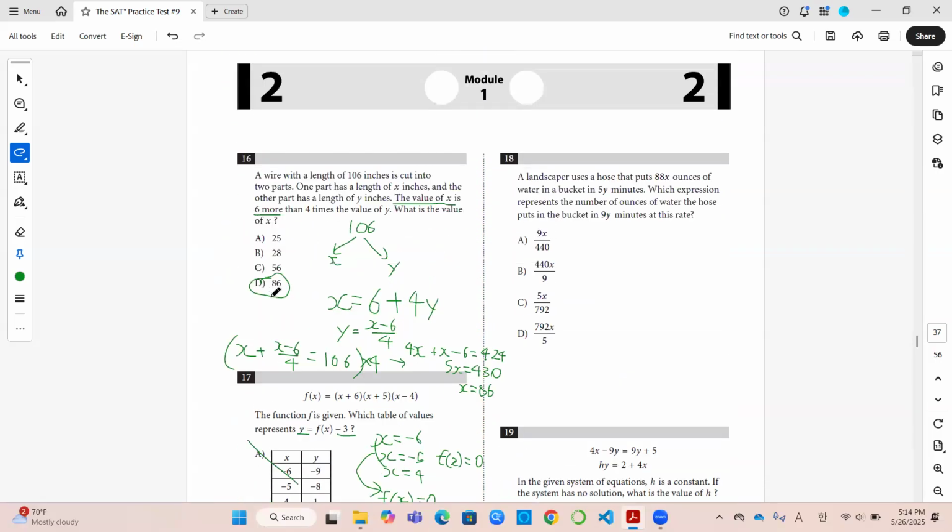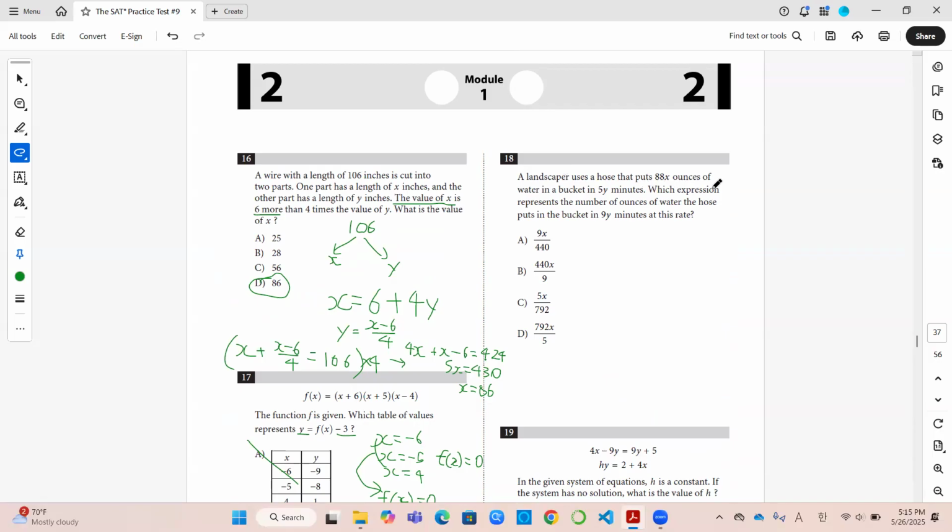Okay, moving on to question number 18. A landscaper uses a hose that puts 8x ounces of water in a bucket in 5 minutes. Which expression represents the number of ounces of water the hose puts in the bucket in 9 minutes at this rate?